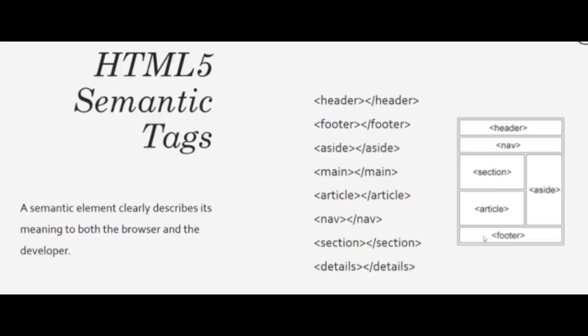Then the aside could be, let's say, more information like blogs, more information on some navigations. Then lastly you have the footer. So the footer is where you have your company information or business information, policies or things like that.